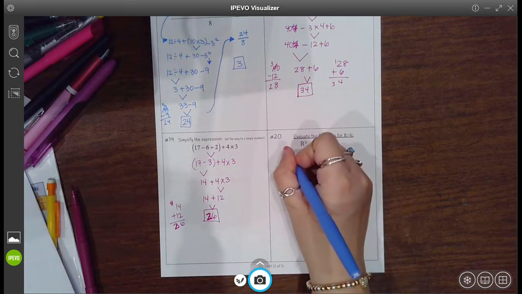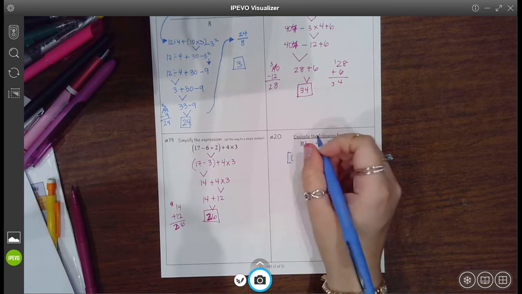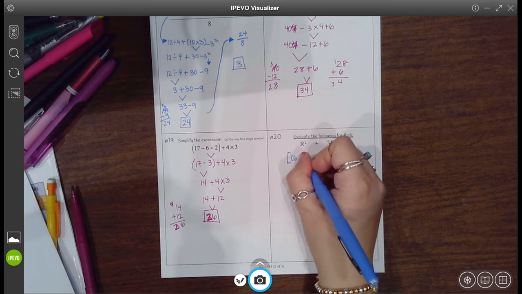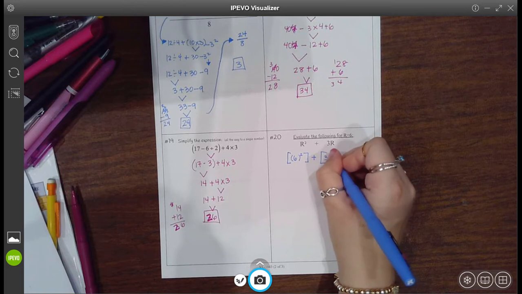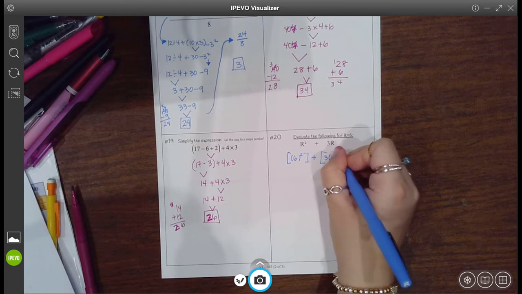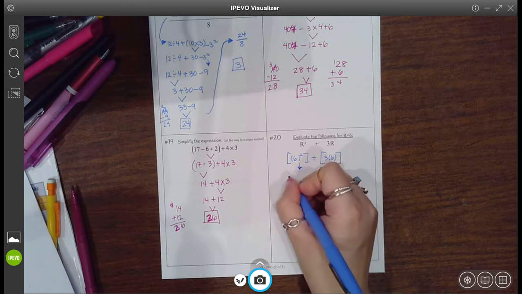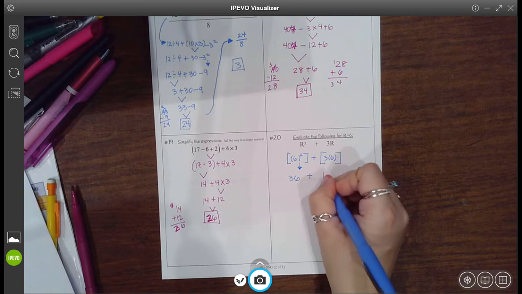So I like to put different terms inside of brackets. So R, I'm going to replace with 6, and it's being squared. Okay, plus this singular term of 3 times R. Okay, and so this singular term simplifies to 36, and then this singular term simplifies to 18.